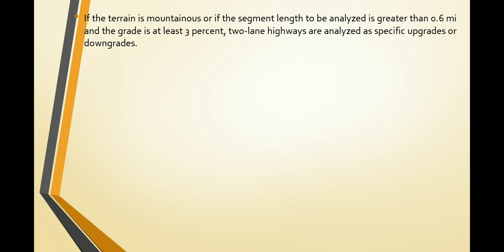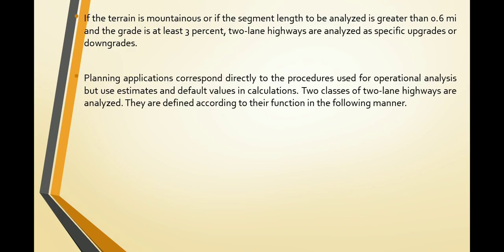If the terrain is mountainous or if the segment length to be analyzed is greater than 0.6 miles and the grade is at least 3%, two-lane highways are analyzed as specific upgrades or downgrades.